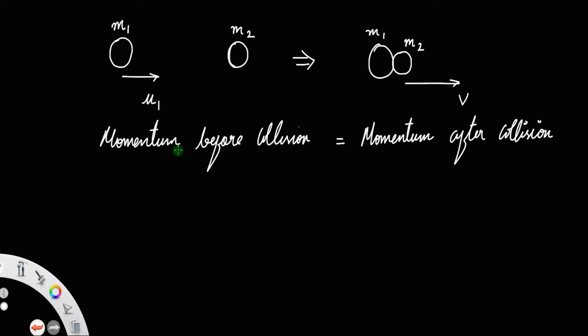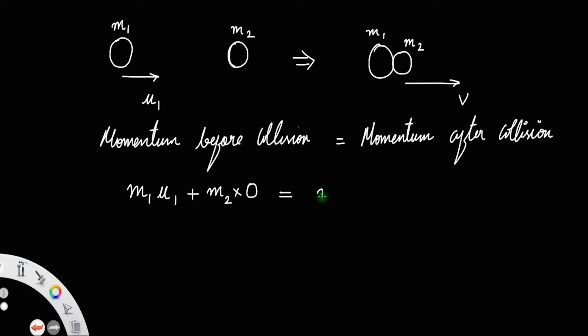So momentum is conserved here. The momentum before collision is equal to m1 u1, since momentum is mass times velocity, this being the momentum of the first body, plus m2 into the second velocity. Since the second body has no velocity, its momentum will be 0. So these two terms represent the momentum before collision.